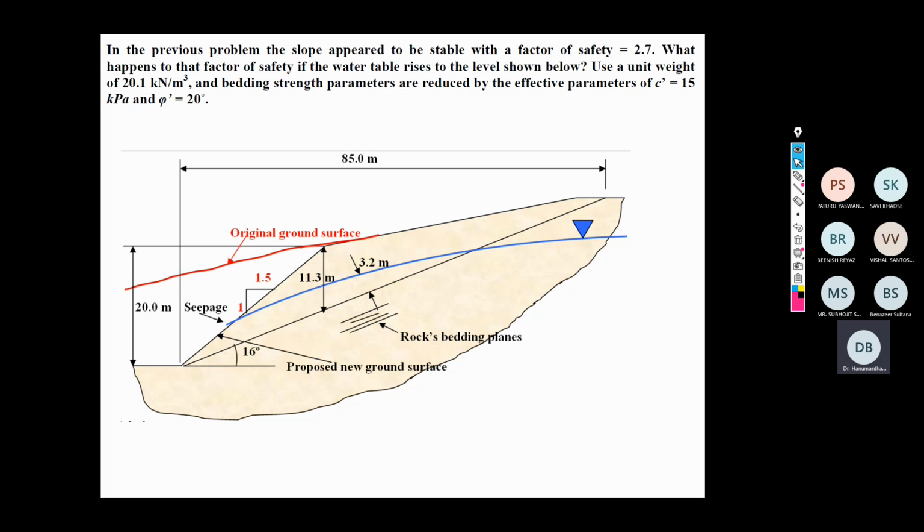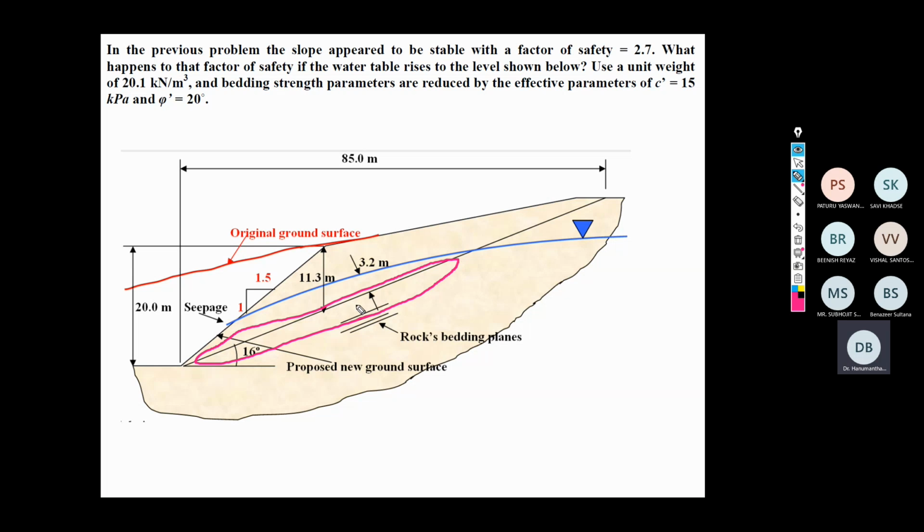No, sir. Okay, so where is the change? In the weight parameter, sir. So that is the resisting parameter. Now it is understood by everyone that if there is steady state seepage, first of all the interface between the rock and the soil is in a fully saturated condition.